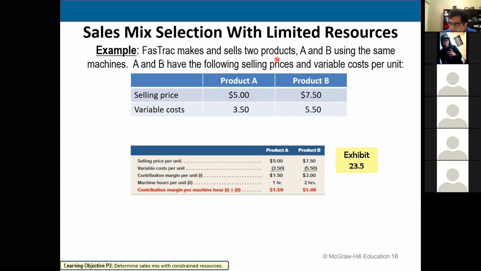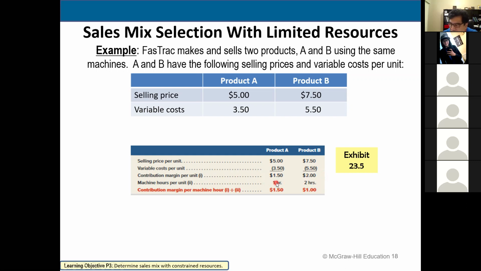Seems like the machine hour is a constraint over here. So if you produce product A, you will generally make $1.50. If you make product B, you'll make $2. So if there were no constraints, you'd be better off producing product B. However, we have got the machine hours as the constraint.